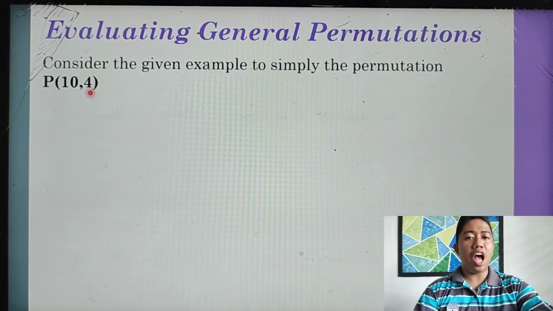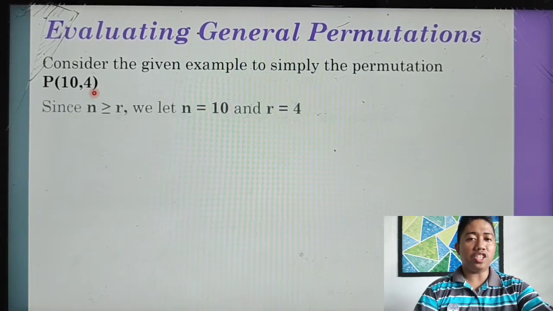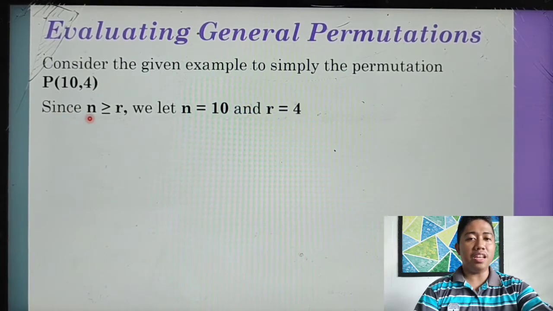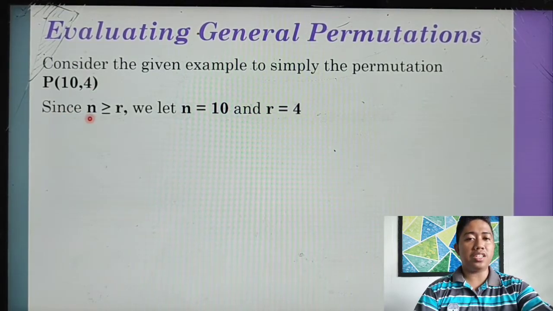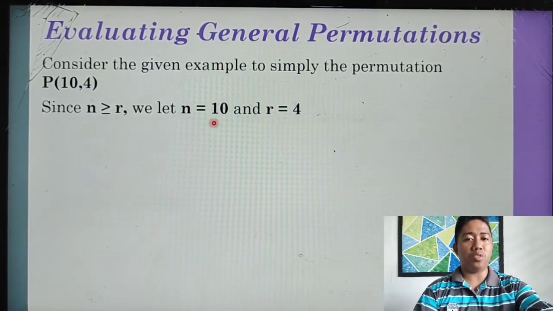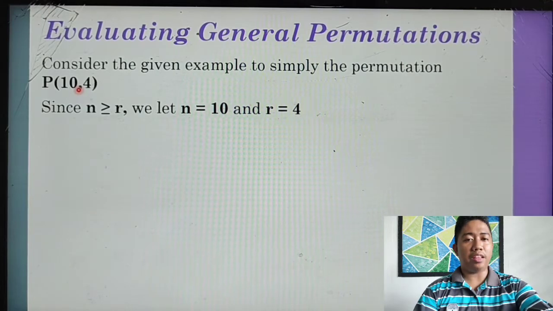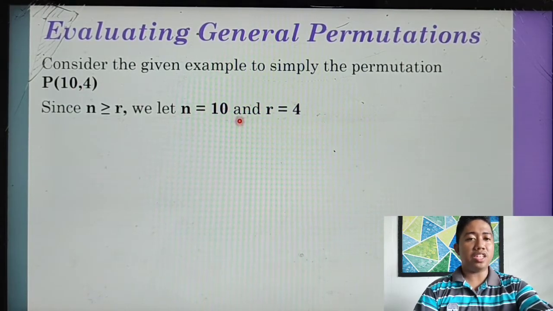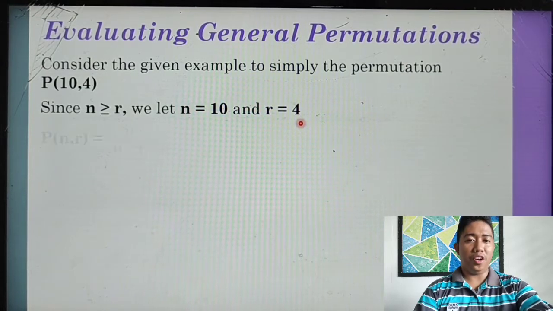How will you evaluate this kind of general permutation? Again, the value of n is greater than or equal to R. So we let n be equal to 10, where 10 is the largest value, and the smallest value will be R. So R is equal to 4.